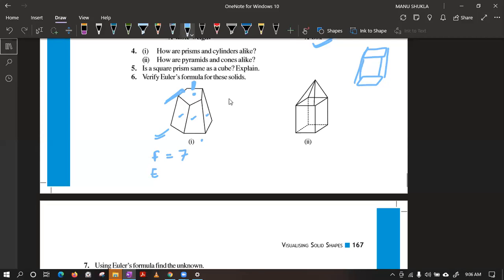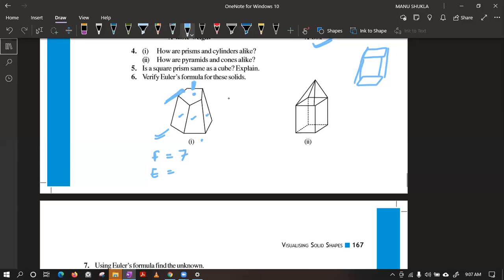Now the number of edges, please tell. Okay, Joel, good. On the top you have a pentagon, on the bottom you have a pentagon, so that means 5 plus 5, 10.